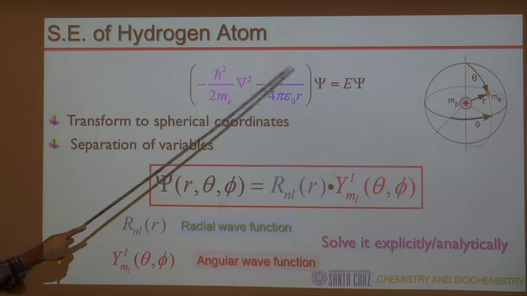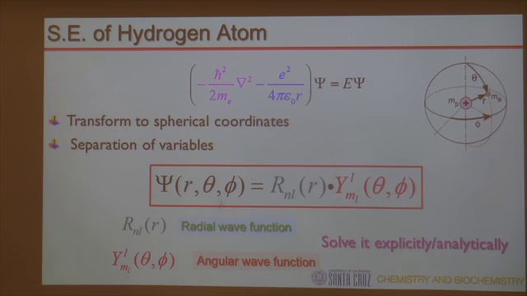We can get the energy and the wave function without doing any other approximations, just by doing this. And you will see in the later chapter, chapter 8, that for most atoms with more than 1 electron, we cannot solve it explicitly. We need to use approximation methods, which is another chapter.